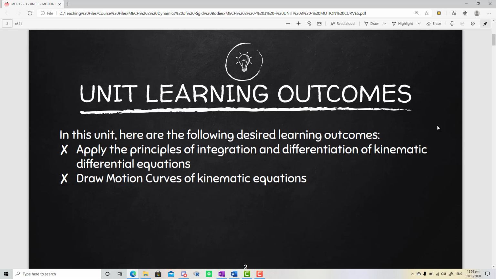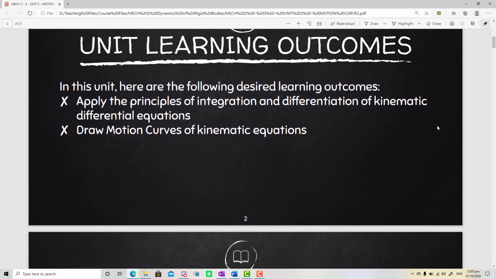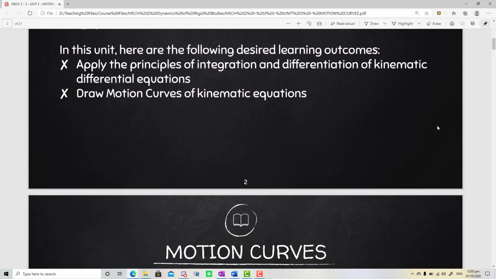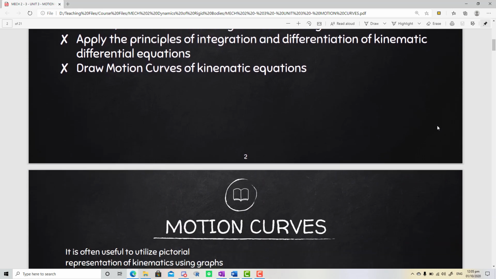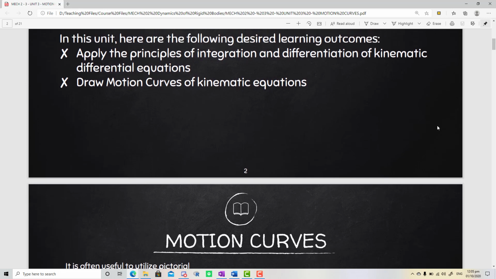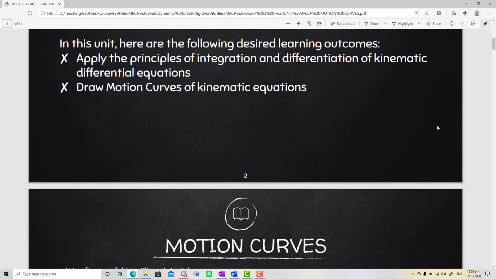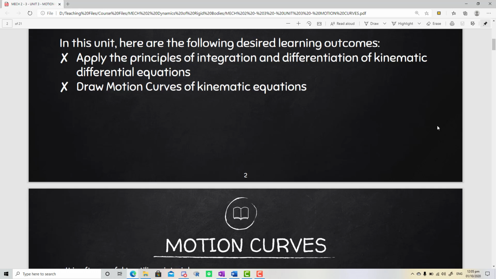And the next learning outcome would be to draw the motion curves of kinematic equations using integration and motion curve drawing using the area method.